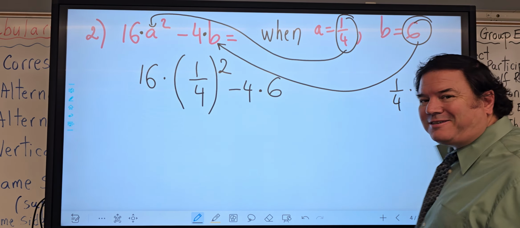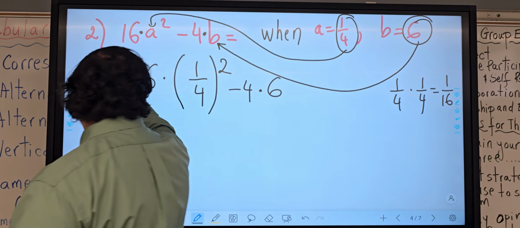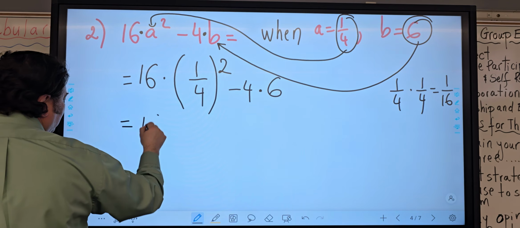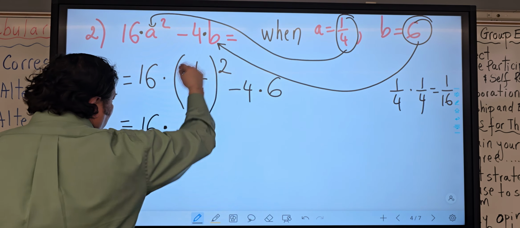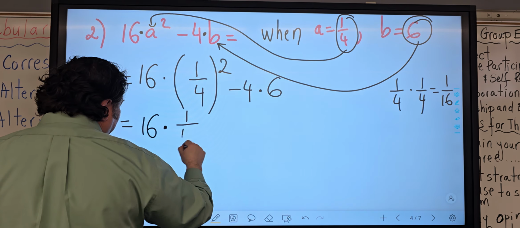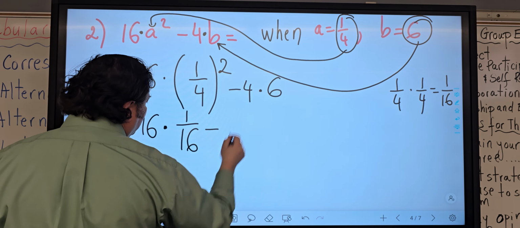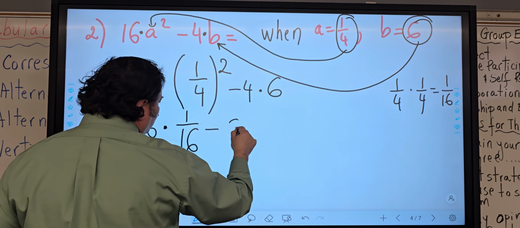That's 1 over 16. So we have 16 times 1 over 16 minus, and 4 times 6 gives us 24.